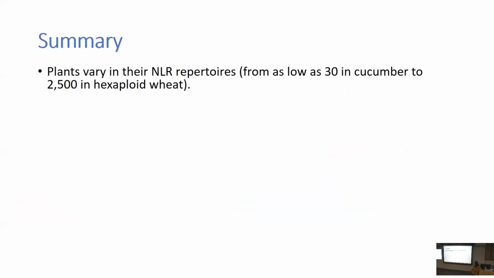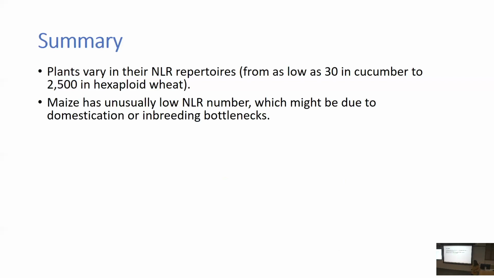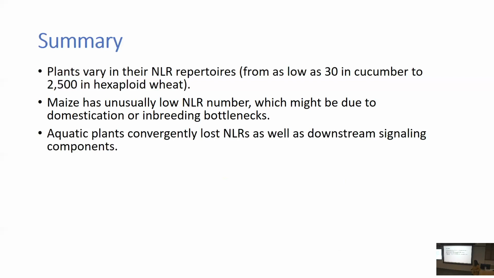So with that, I want to summarize what I just told you. NLRs are an amazing plant family. NLR repertoires vary greatly. In aquatic plants, there's low, but if we look at crops, as low as 30 in cucumber to over 2,000 in wheat. Maize has a very unusually low number of NLRs, which we're trying to understand.